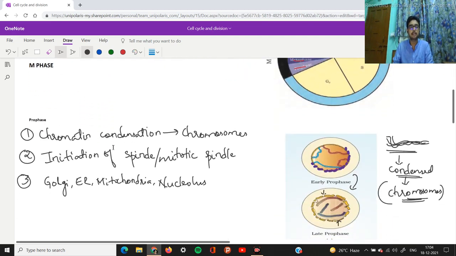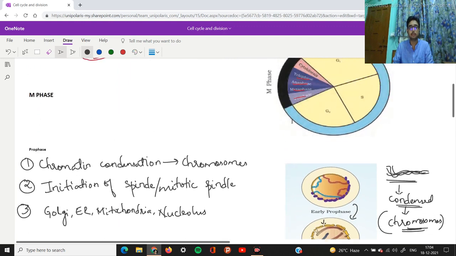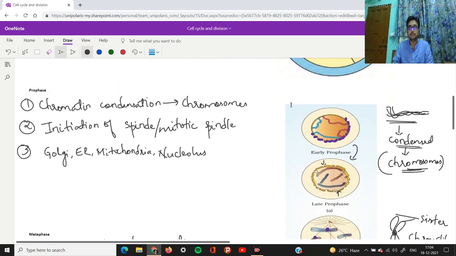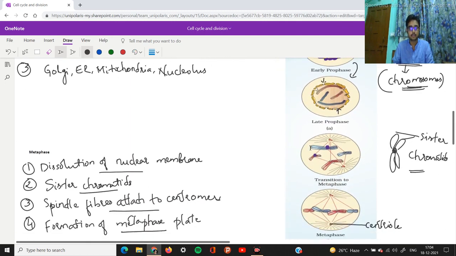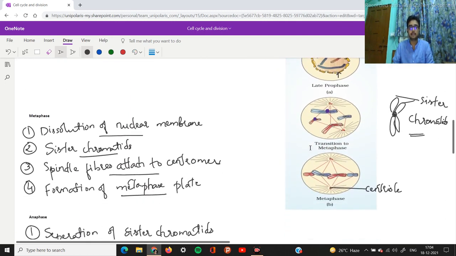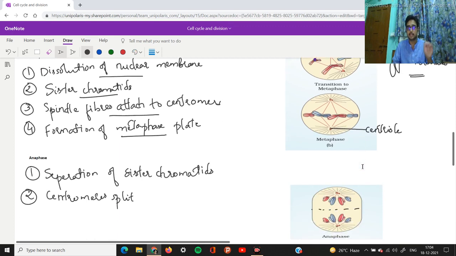And the M phase is divided into four phases, that is prophase, metaphase, anaphase, and telophase. Prophase: condensation of chromosomes and disappearance of organelles takes place along with formation of the mitotic spindle. Then in metaphase, the nuclear membrane will disappear, the sister chromatids will appear, the spindle fibers will attach themselves to the centromeres, and the metaphase plate will form on which the chromosomes will align properly in a straight line.